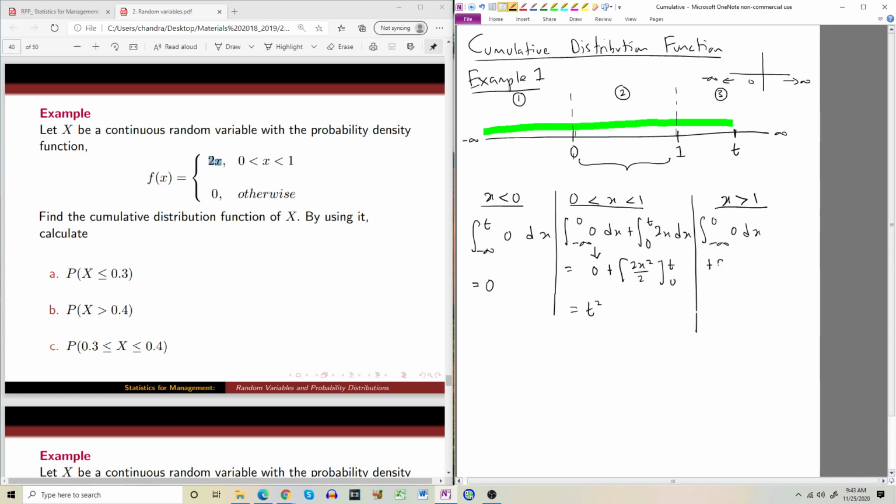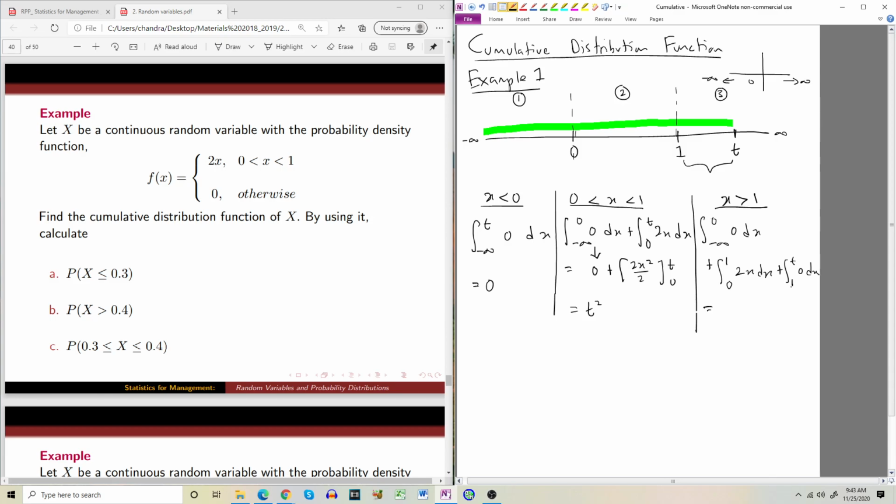Second interval, 0 to 1, what is the function? 2x. Third interval, from 1 to t, what is the function? 0, because there's no function otherwise. The 2x is only valid from 0 to 1.